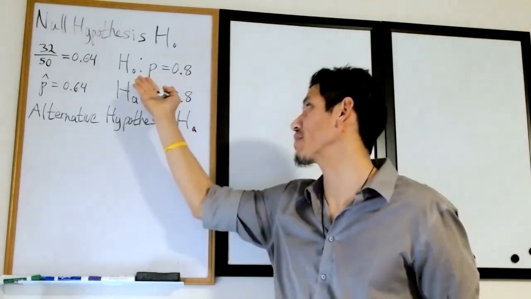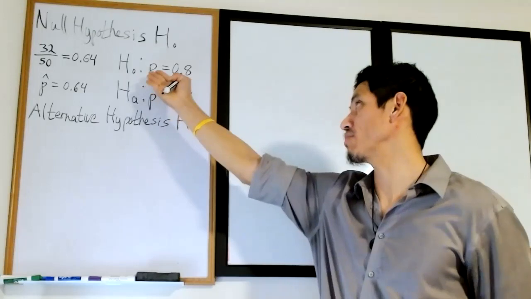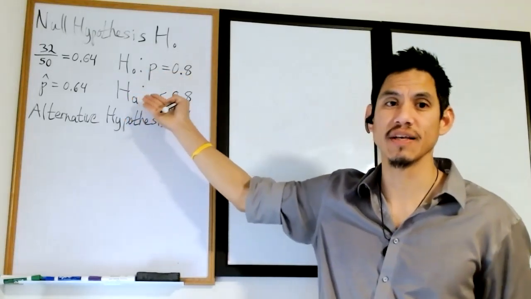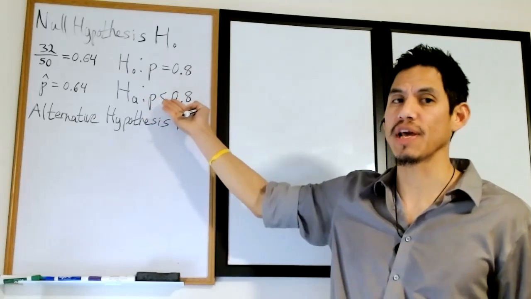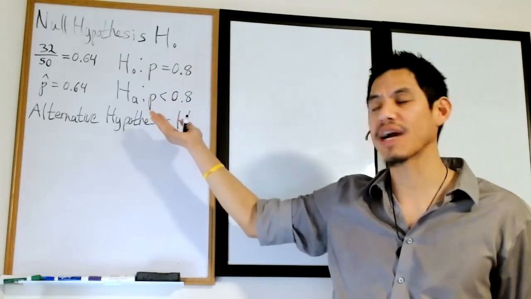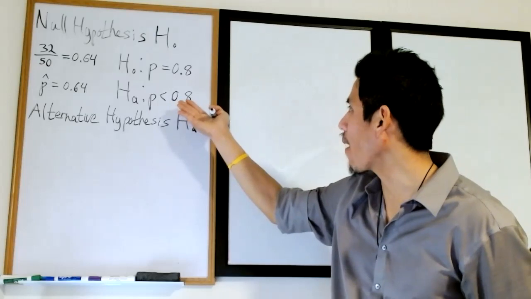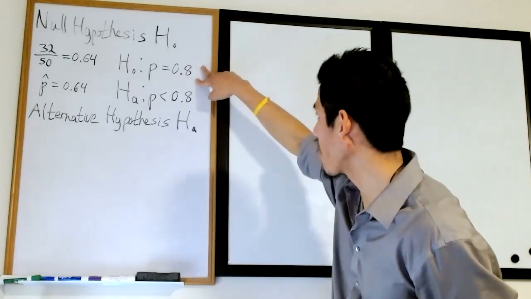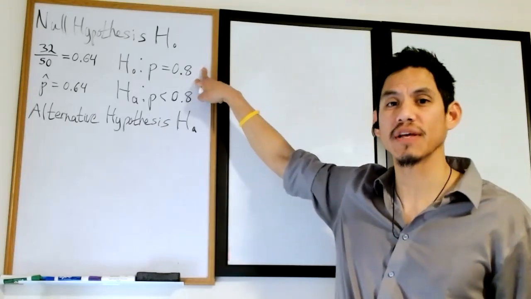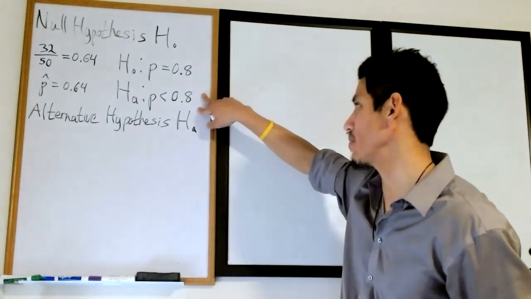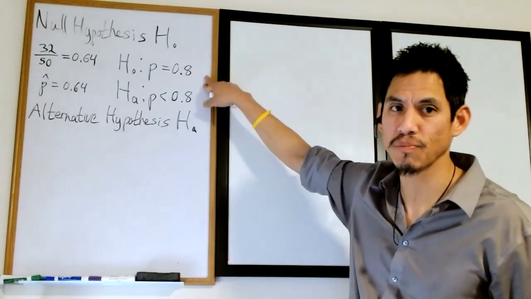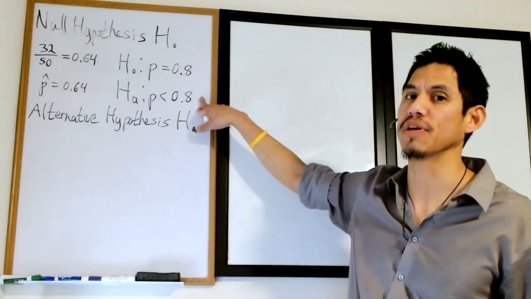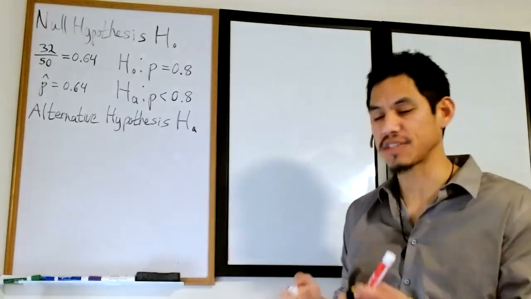So these are your hypotheses. Your null hypothesis, H0, is that p is 0.8. Your alternative hypothesis, Ha, is that p is less than 0.8. So now we have to find a way to show which one is reasonable to think is true. Is this more reasonable to believe, or is this more reasonable to believe? And that's where significance tests come in.